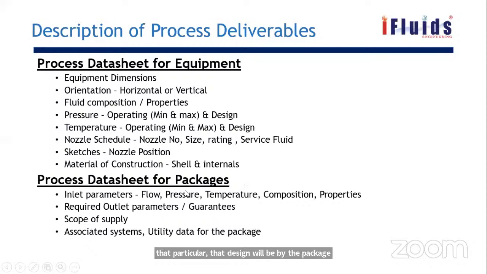We'll be giving our source data, and I'll be asking for my product data or the destination data, and then the scope of supply, what things are available with the engineering company, and the associated system and utility data for the package, like what utilities are available. If we have steam or hot water as heating media, then that data will be given. Accordingly, the vendor will consider it in their package.